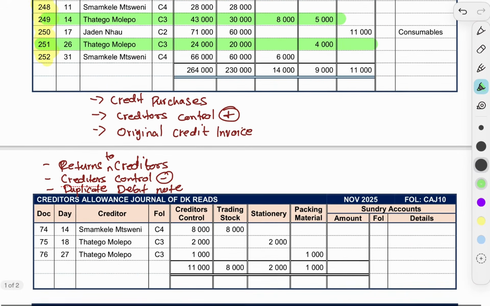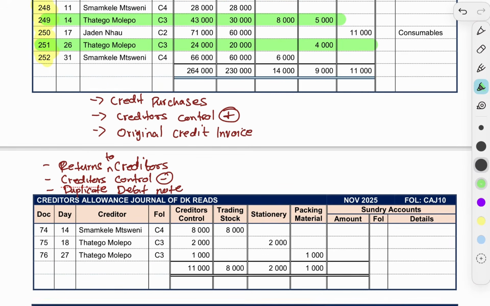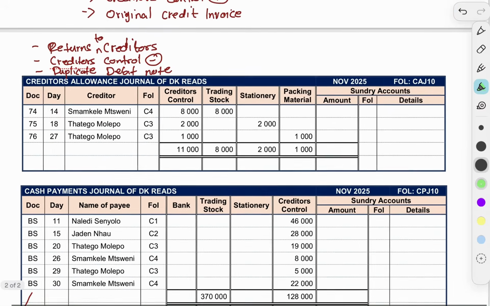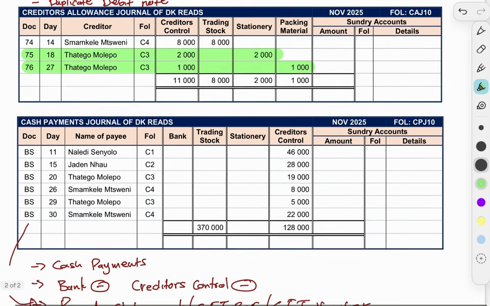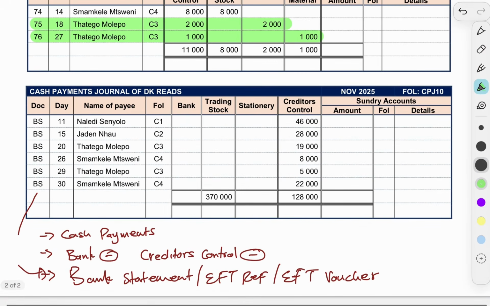Take note that I use people's names, but maybe they are businesses. Okay. And then, did we return anything to Thategô Molepo? Yes, day 18. And then on day 27th. Okay. And then, did we pay Thategô Molepo? Did we make any payments? Yes. Day 20 and day 29.